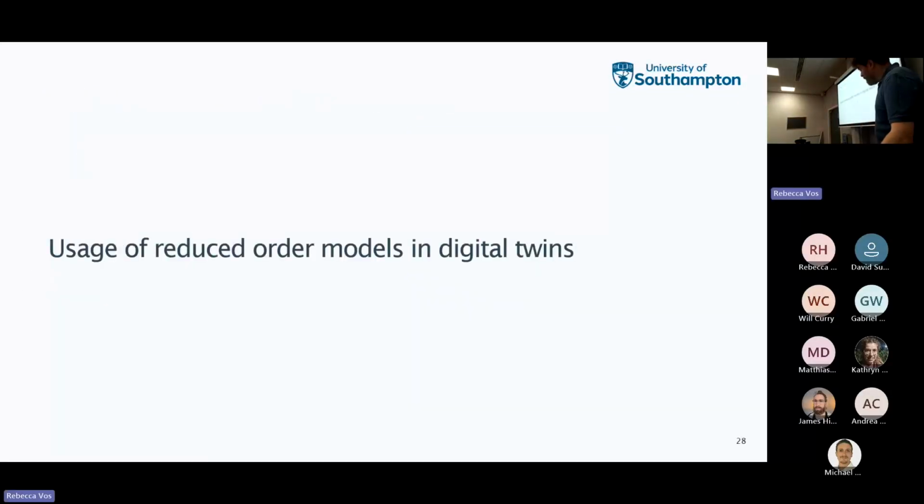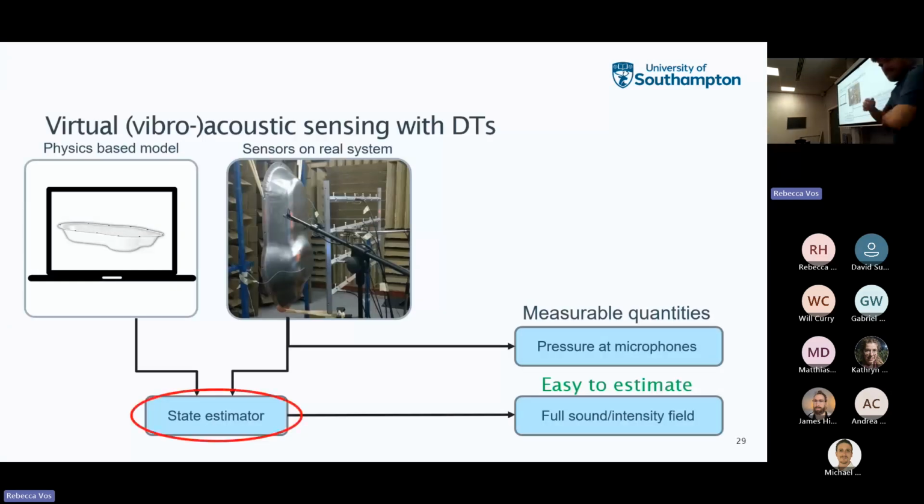Okay, so for the last part of the presentation, I will talk about the usage of these reduced order models in actual applications. I would like to start with this application here where we have an oil sump type of structure. This is something you could find on the bottom of a car, for example.